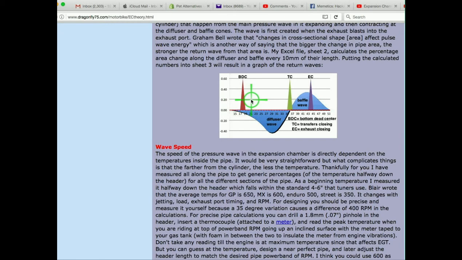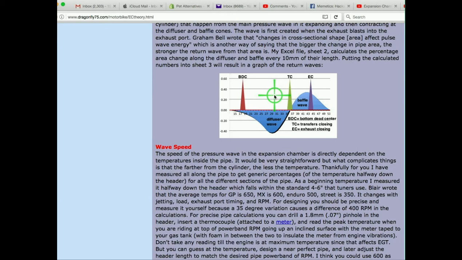And then, if there was no diffuser wave right here, the rising of the piston up until transfer closing, well, even beyond, is going to be causing a suction in the crankcase just by the expansion of the area.